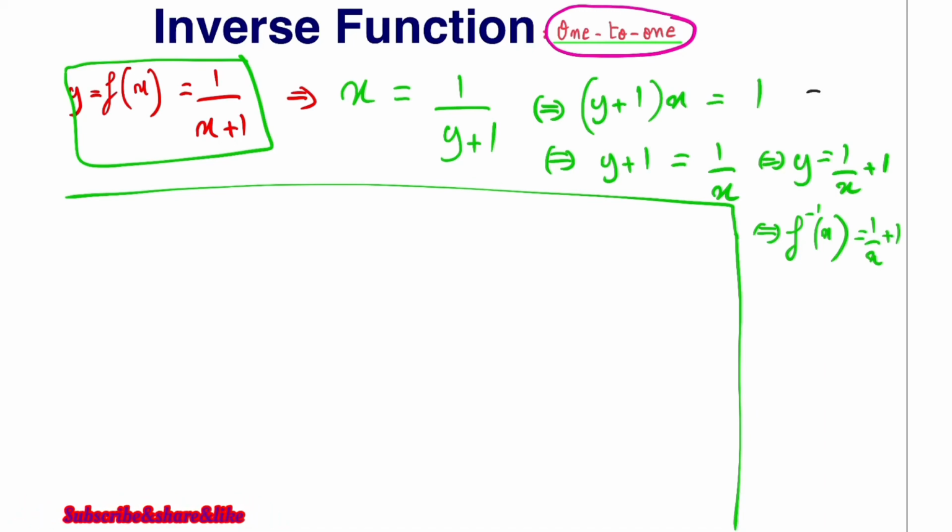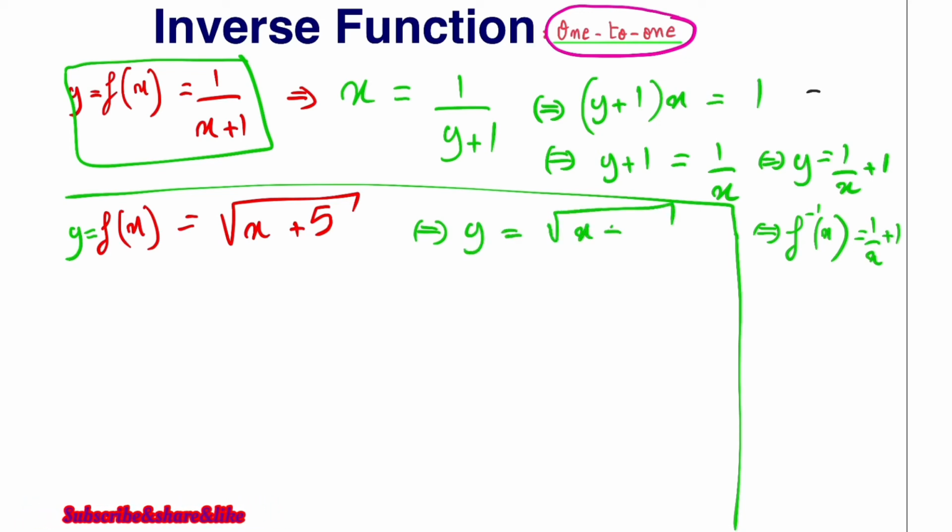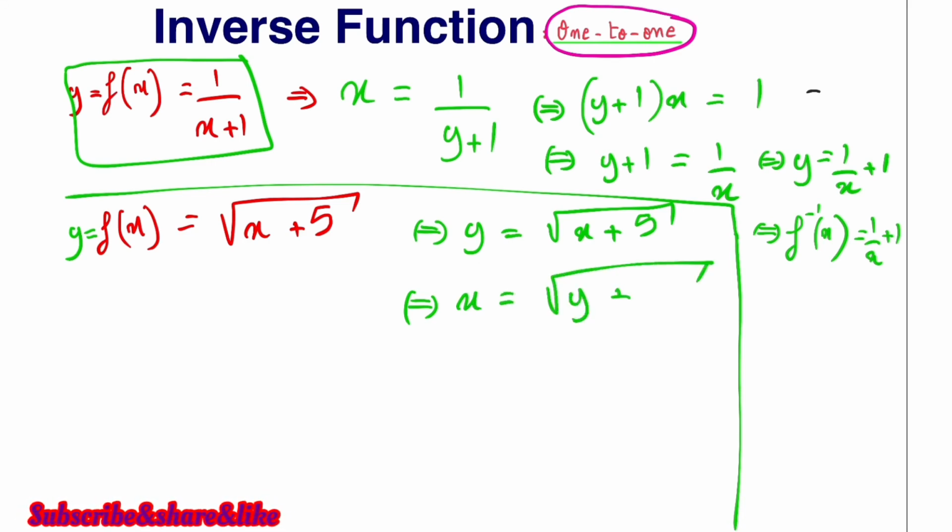Let's have another example. Let's say we have f of x is equal to the square root of x minus 5. We do the same thing. We switch y and x. So x is equal to the square root of y plus 5. Now we can raise the power for both of them.